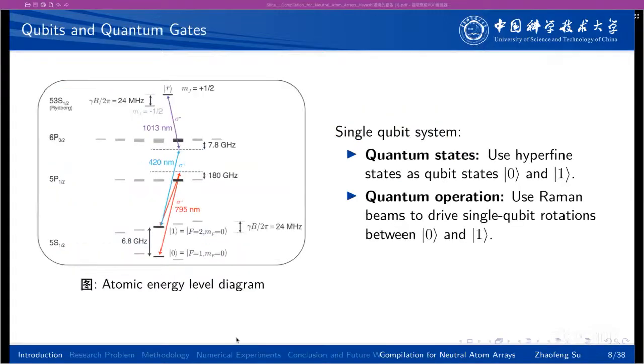This figure is the atomic energy level diagram. For a single qubit system, the basis states 0 and 1 of a qubit are represented in these two levels, and the operation on a single qubit is realized by Raman beams.